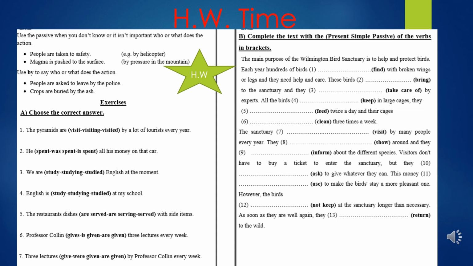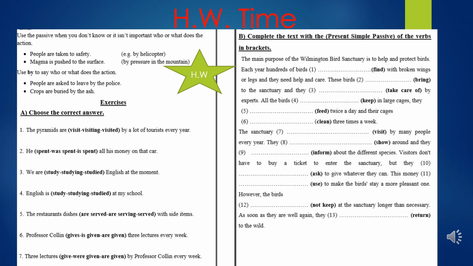So, here, I know that the question is fill it with the present simple passive, but you have to think if the sentence in front of you is passive or active. You have to think if the subject of the sentence is the actual doer or not. Here, hundreds of birds with broken wings or legs, and they need help and care. This means that the sentence is passive.